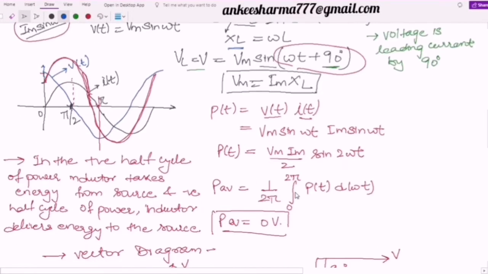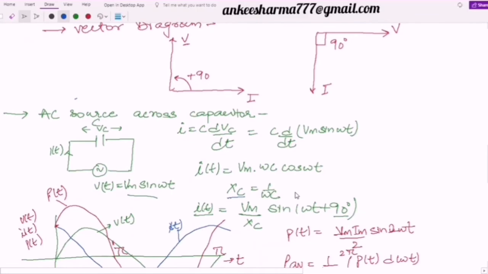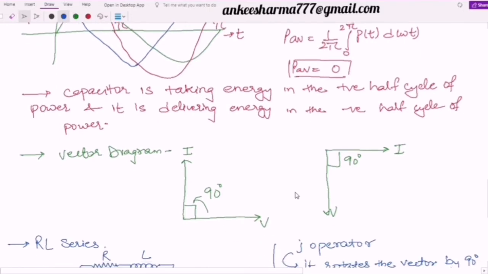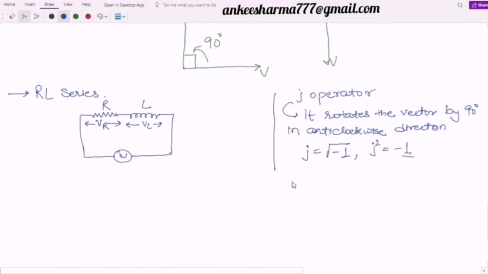When we have more than one impedance, that is R, L and C, three components or either of these two components, then we have to show a combined impedance by the value Z. In the case of the resistor, ZR is equal to R. ZL in the case of the inductor is equal to J of XL. In the case of the capacitor it is equal to minus J of XC.